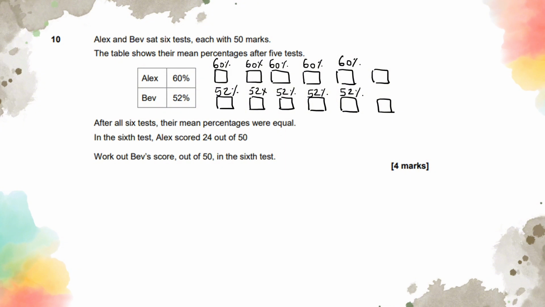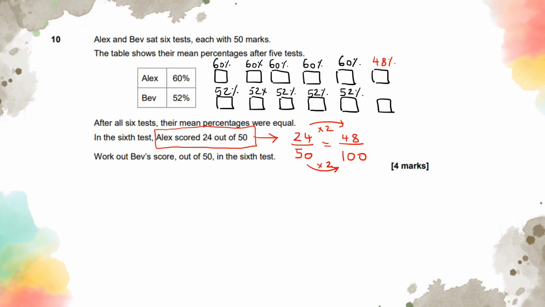Okay, we have an additional information here where the additional information is Alex scored 24 out of 50 in the 6th test. So if 24 out of 50 is what's given to us, we could write this down as a percentage if we were to write this as out of 100. So if I double this and double this, that's going to give you 48. This means Alex's final test is going to be 48%.